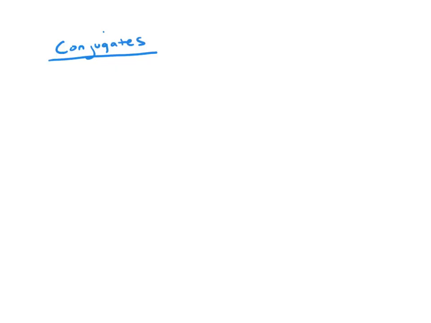I mentioned conjugates before, and just to give you a few more examples, conjugates are exactly the same, only the sign in the middle is different. So x plus 5 and x minus 5. If you had negative square root of 7 plus 2, the conjugate of that is exactly the same, only the sign in the middle is different. If you had 5i minus 4, the conjugate of that is 5i plus 4.